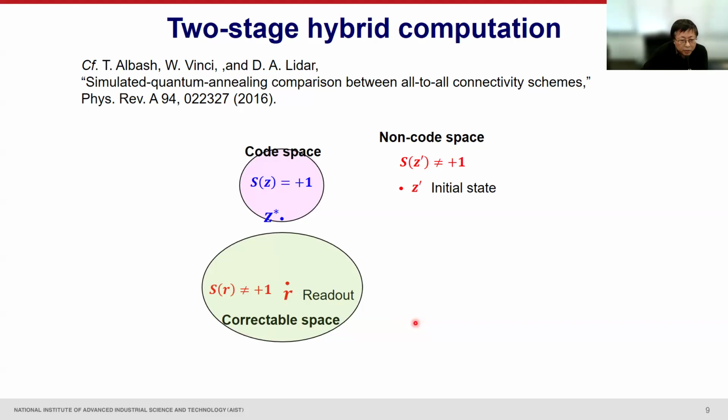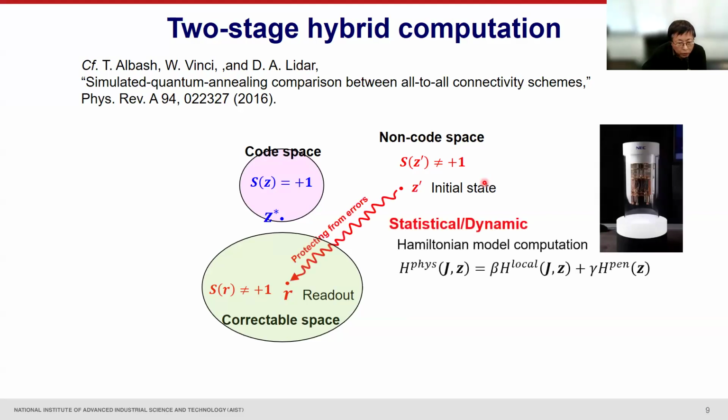Okay. In this presentation, we consider two-stage hybrid computation. At the first stage, an arbitrary initial state Z prime is prepared for physical spins in the non-code state. In the first stage, we develop the state dynamically by the Hamiltonian model computation and obtain the state that minimizes the Hamiltonian.